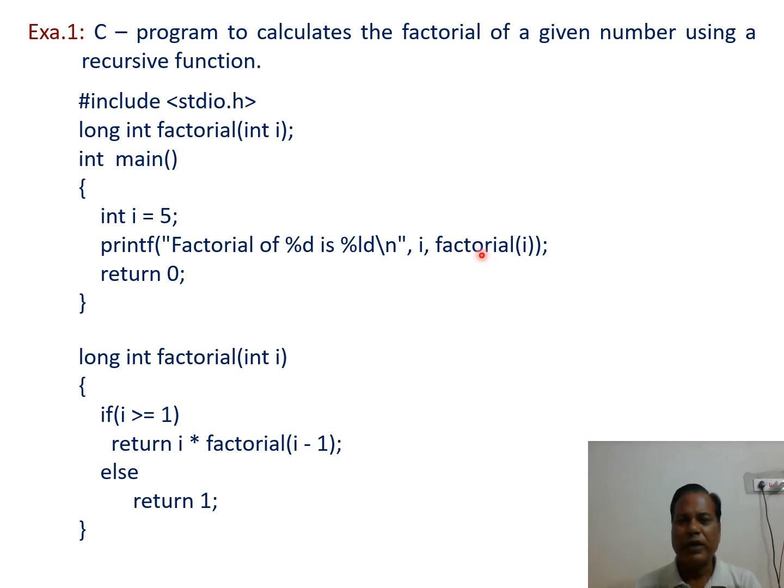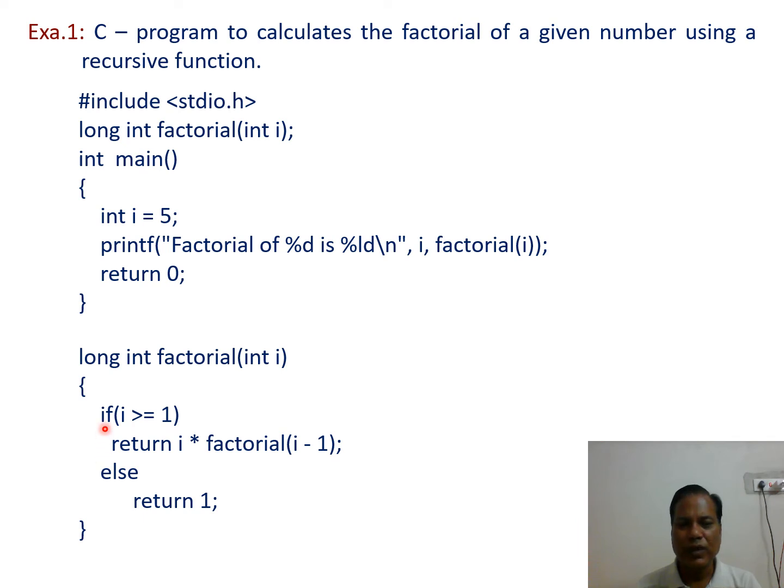So at this point control goes to the function where it exists in the program, and the passed value 5 is copied into the formal parameter I. Inside the open and close braces here, if I greater than or equal to 1, that is 5 greater than or equal to 1, this time it is true.